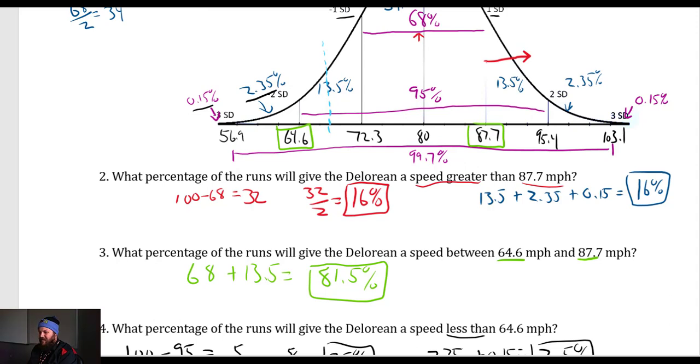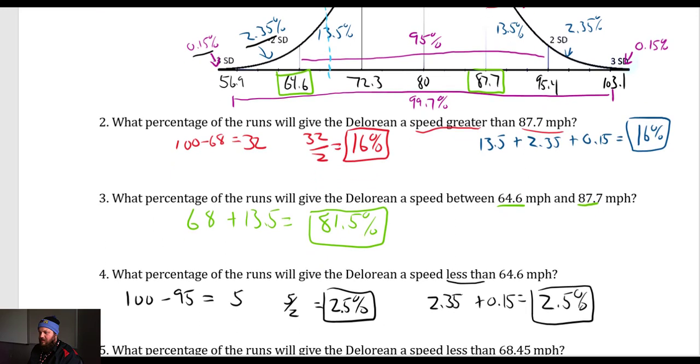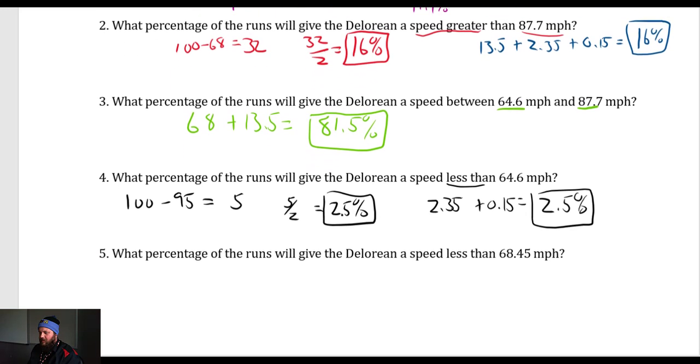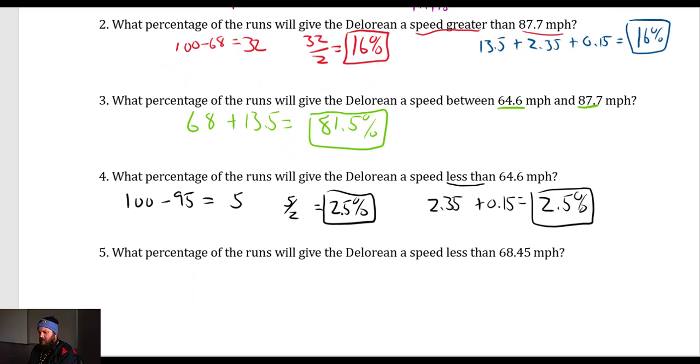So we need to find what you guys should remember is called a z-score for that value. We can calculate this because we want to know less than. That's another key word that you need to understand, less than. So let's first find our z-score.